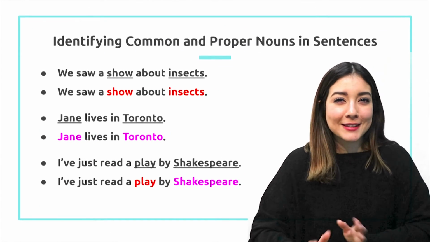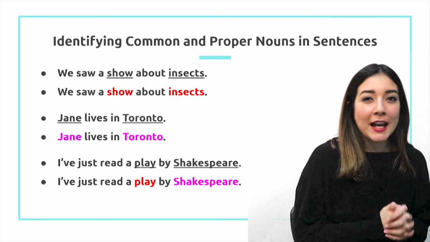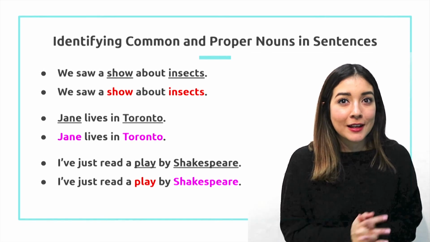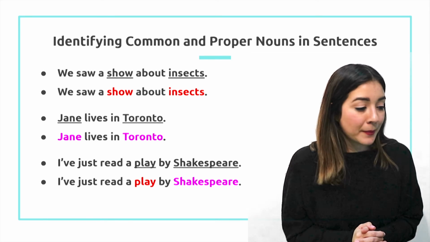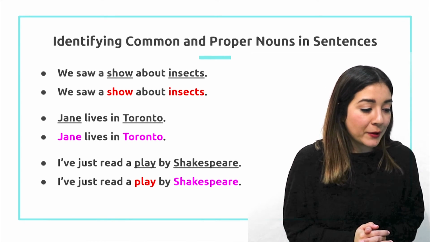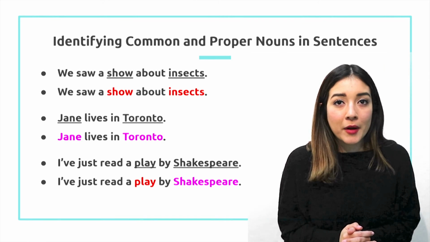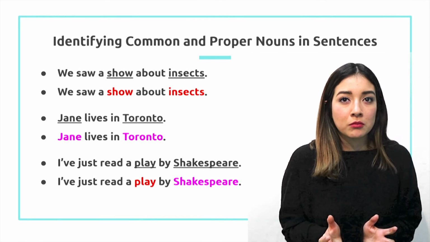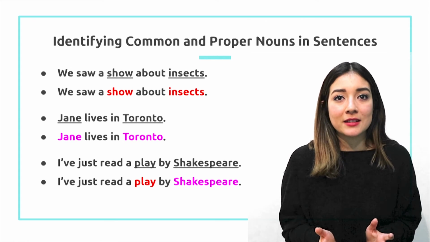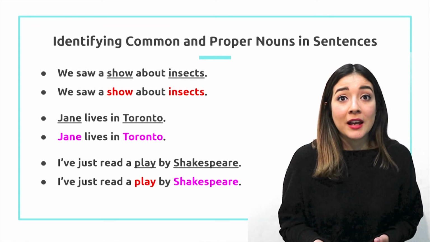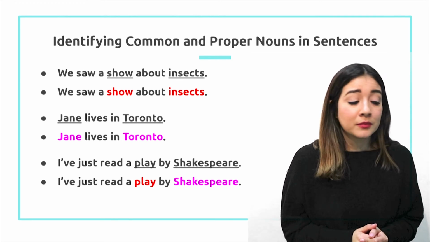Okay guys, let's dive in a little bit more in how to identify common and proper nouns within sentences. Let's look at some examples. We saw a show about insects. Show and insects are both nouns. However, what show? About which insects? Because we could question what it is that we're talking about, these are common nouns.